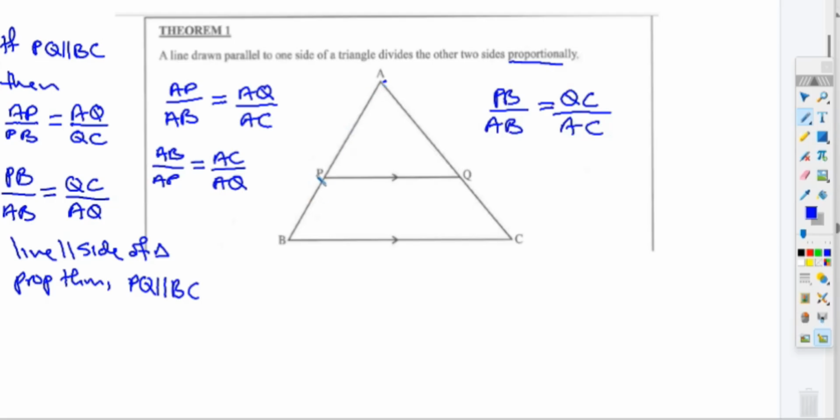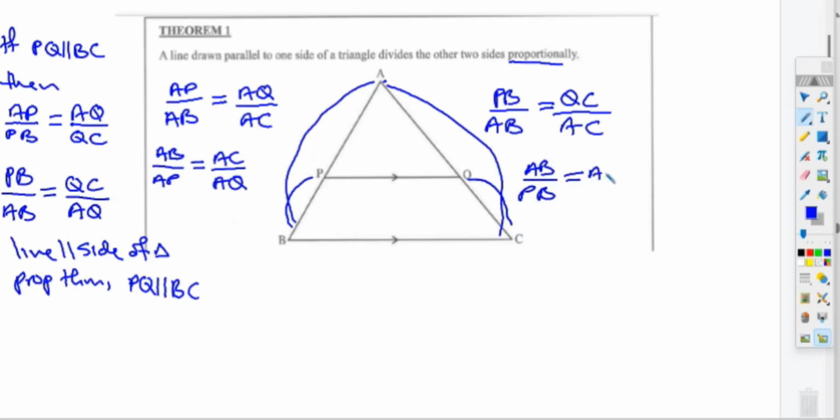That is PB, the smaller one here, divided by the whole side is equal to this smaller one divided by the whole side. And then you can turn this upside down also to have AB over PB is equal to AC over QC.